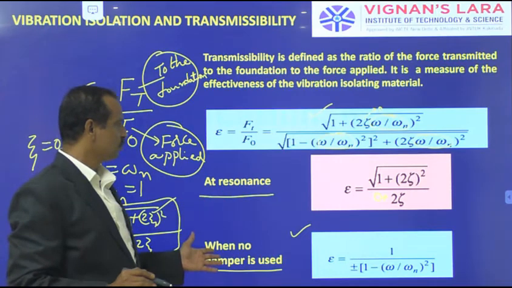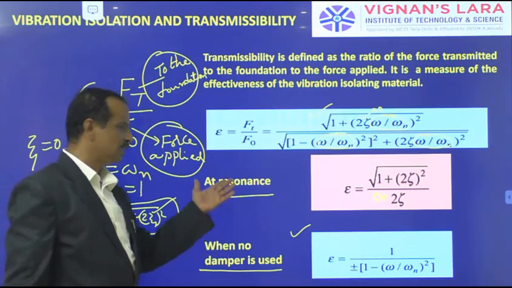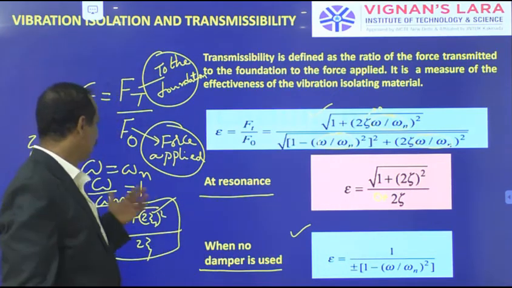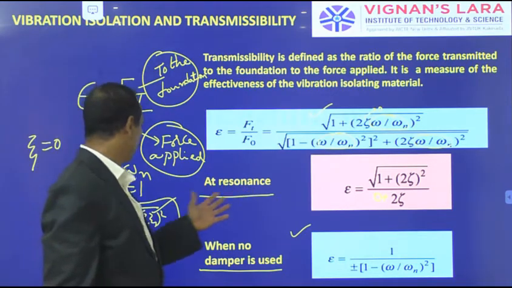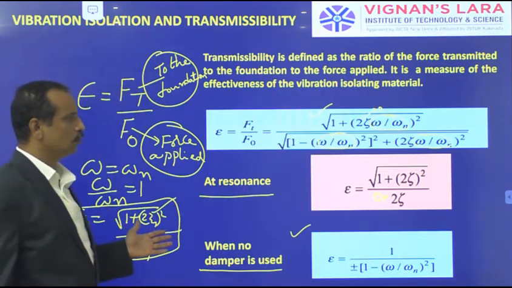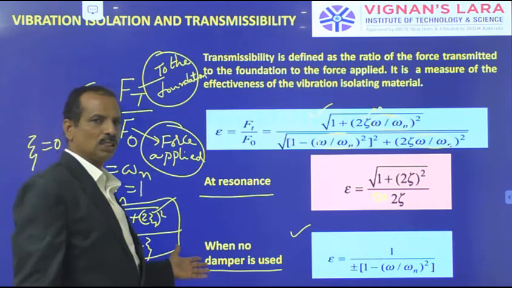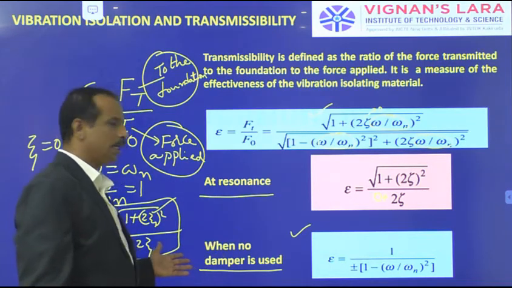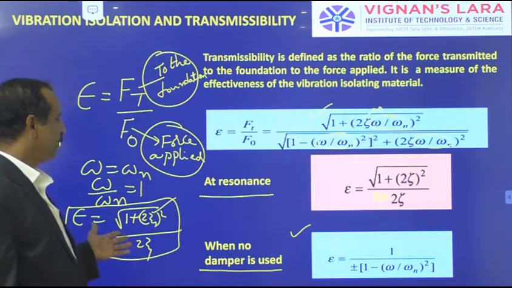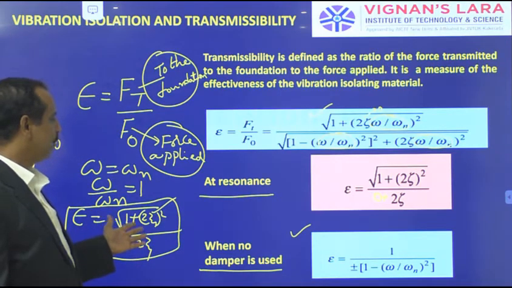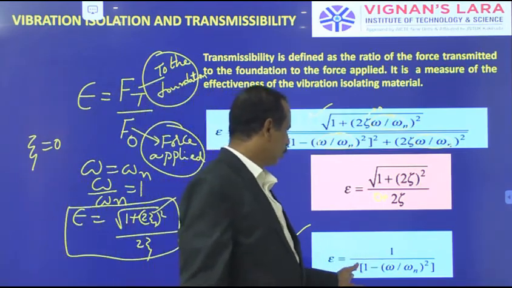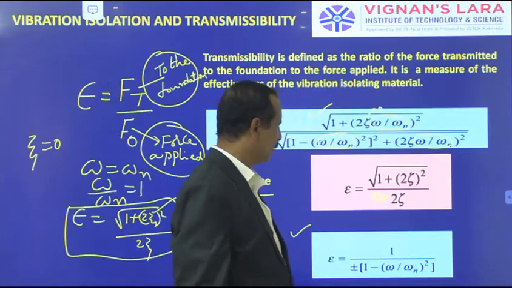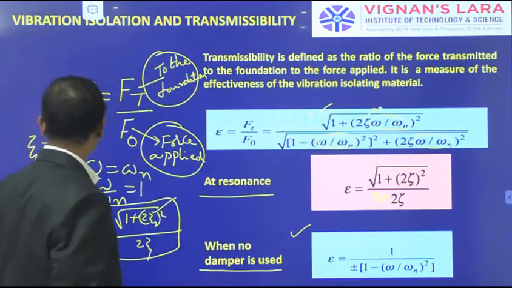So the two special cases we have taken: one is the resonance case, where external frequency matches the natural frequency, where epsilon is equal to root over 1 plus (2 zeta) whole square by 2 zeta. And the second one, when you don't use a damper, which is forced undamped vibration, where epsilon will be 1 by 1 minus (omega by omega n) square.